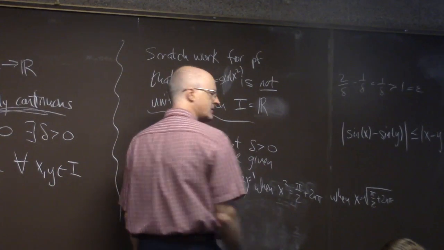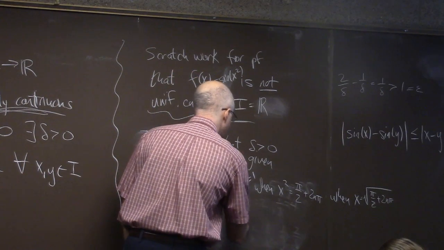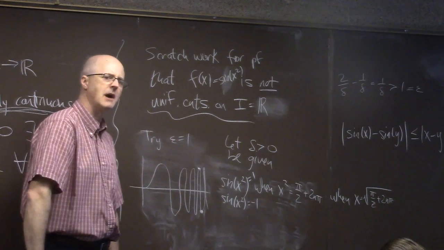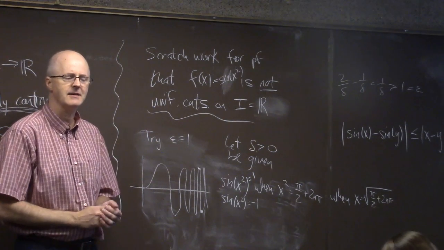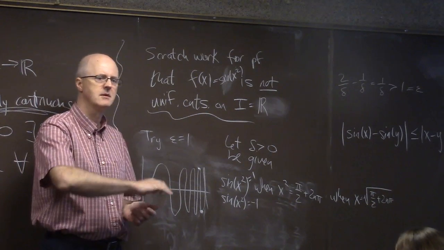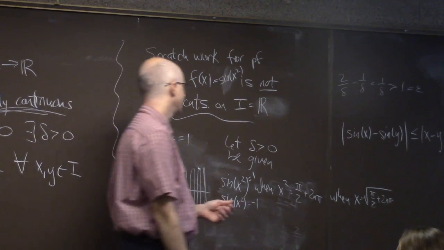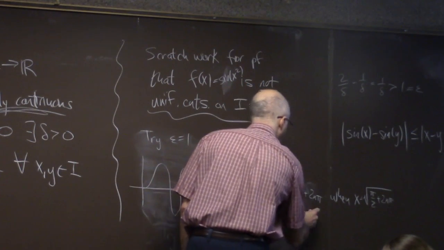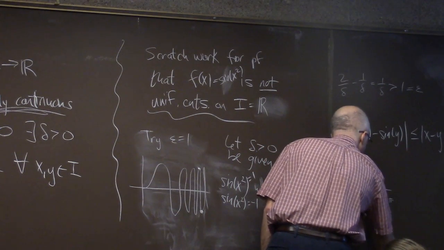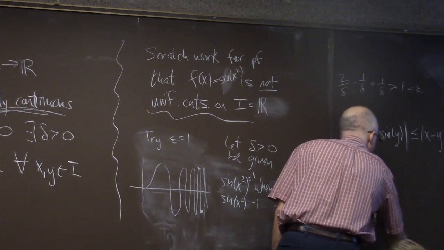And sine of x squared will equal negative 1 when x squared is negative pi over 2 plus 2n pi. Or, if you prefer, 3 pi over 2 plus 2n pi. When x is the square root of 3 pi over 2 plus 2n pi for some integer n.